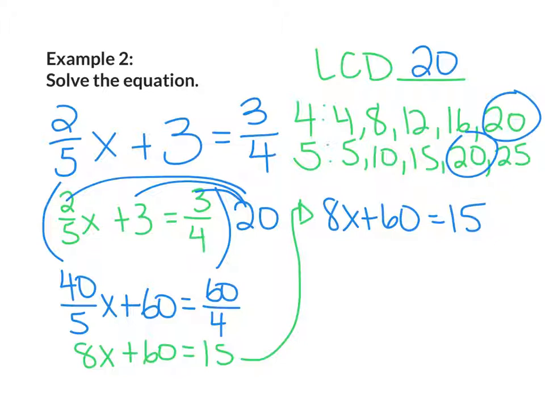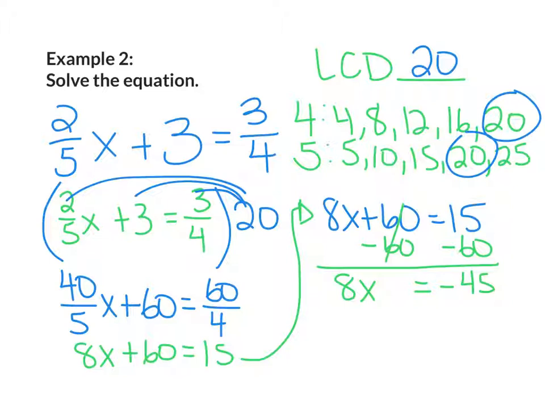I need to get x alone, so I'm going to move that 60 to the other side. So I have positive 60. The opposite of that is negative 60. I need to do that to both sides. This will cancel out. I'll be left with 8x equals 15 minus 60 is negative 45.